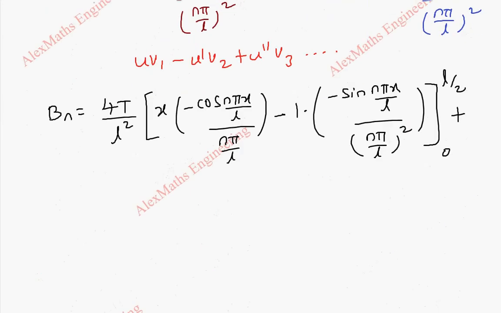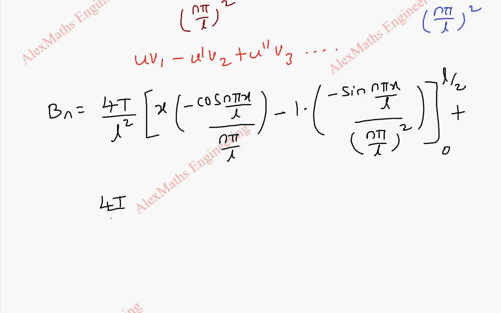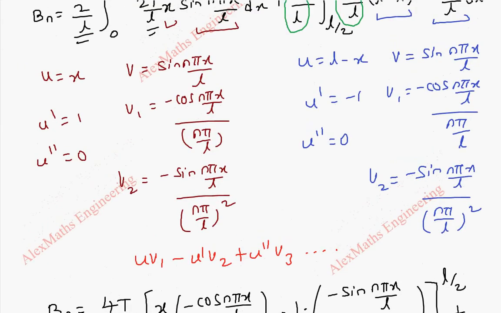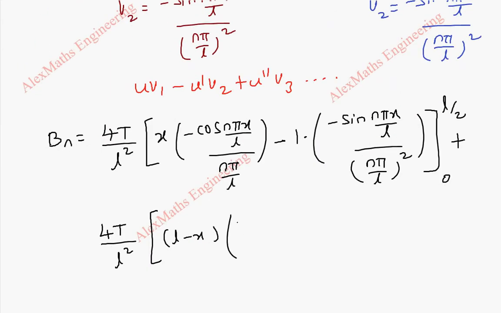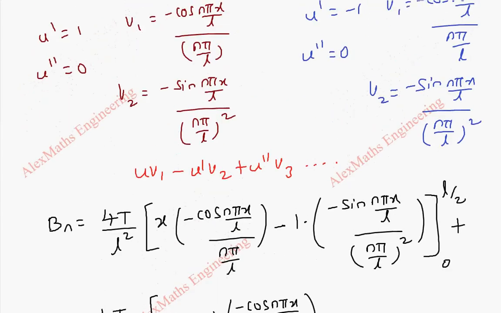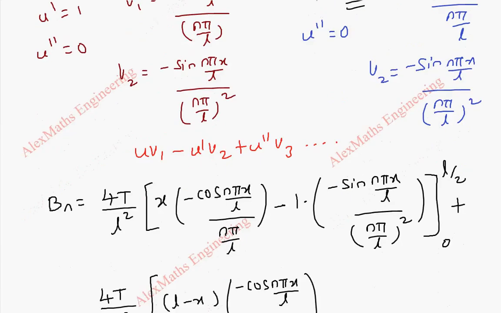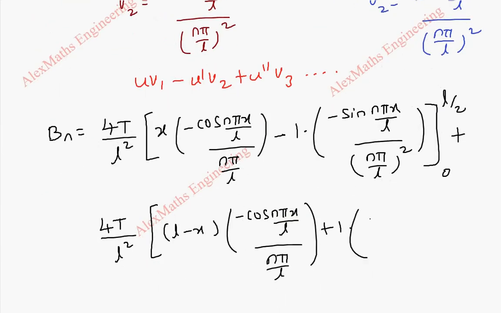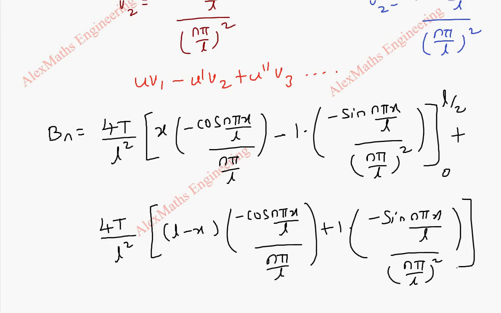So 4t by L square we can keep it outside, and now L minus x is u in the second part, and we have v1 minus cos n pi x by L by n pi by L, then minus u', but u' is already minus 1, so I can make that plus 1 into v2 minus sin n pi x by L by n pi by L whole square, and we have limit from L by 2 till L.